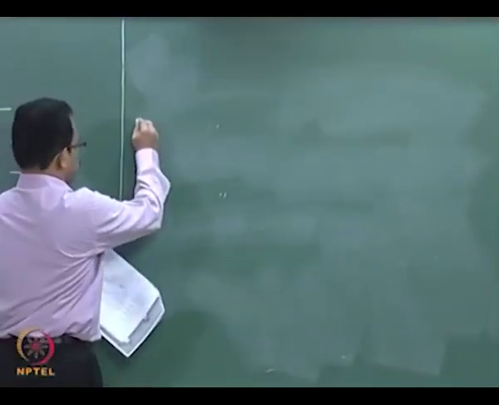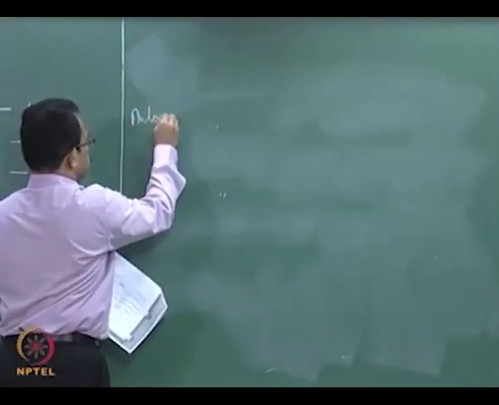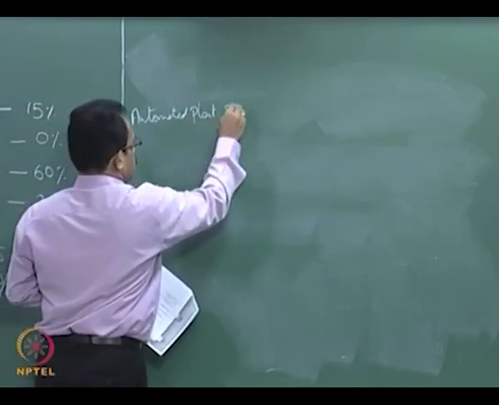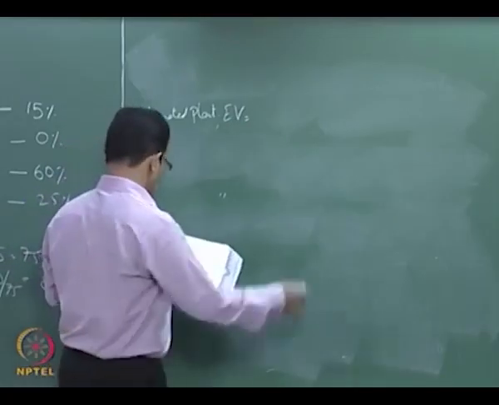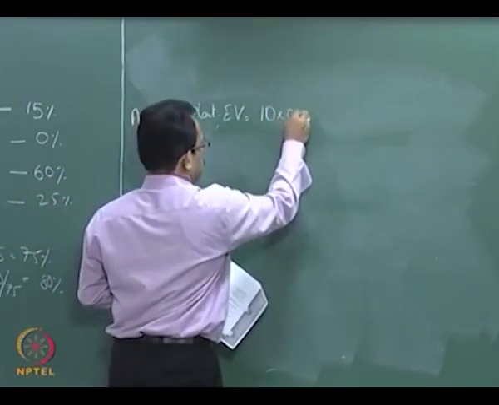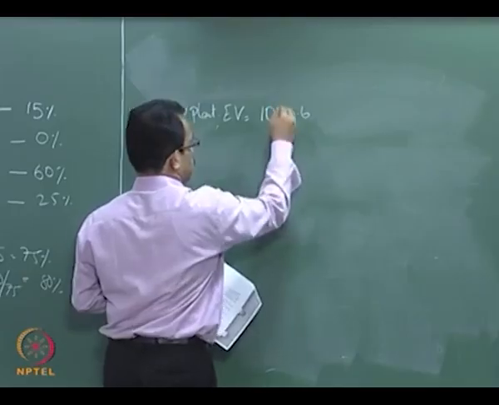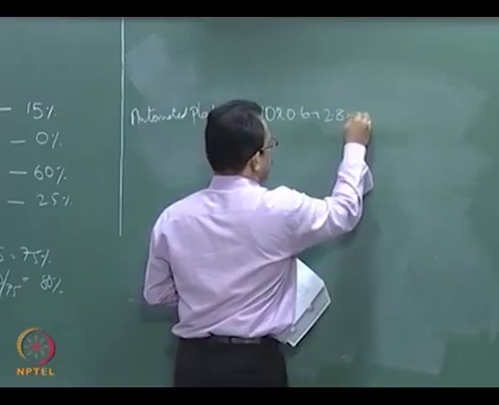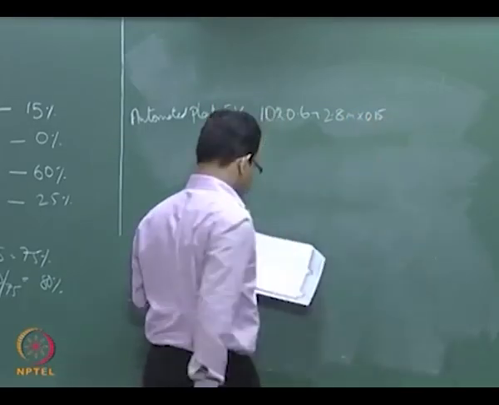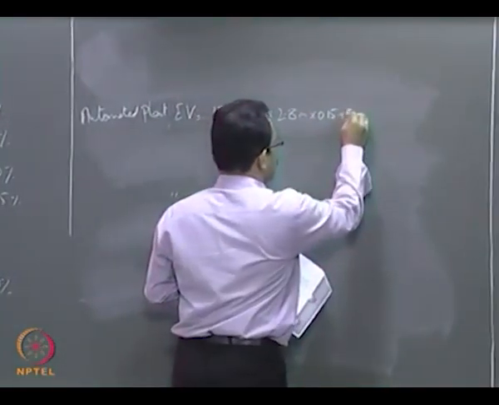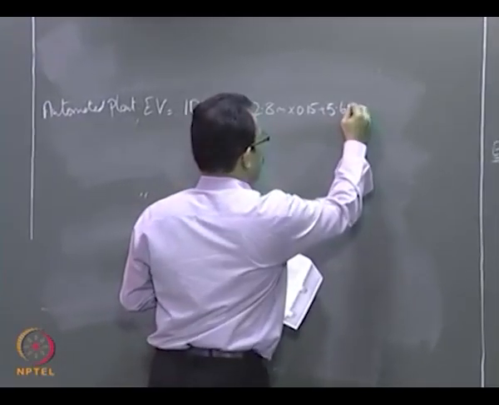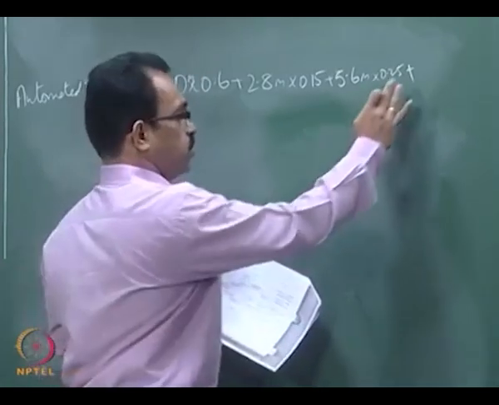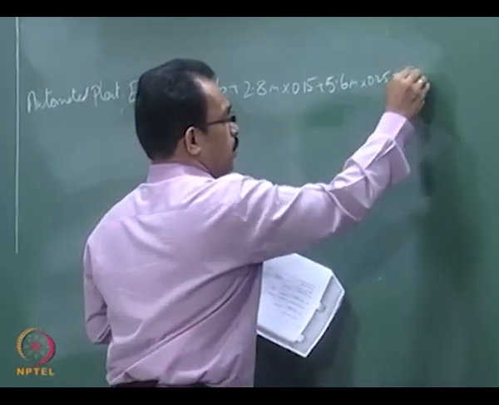So the expected value of the automated plant, if you go for an automated plant, can be obtained as 10 million into 0.6, that is the revenue 10 million, 0.6 plus 2.8 million into 0.15 plus 5.6 million multiplied by 0.25 minus 5 million.